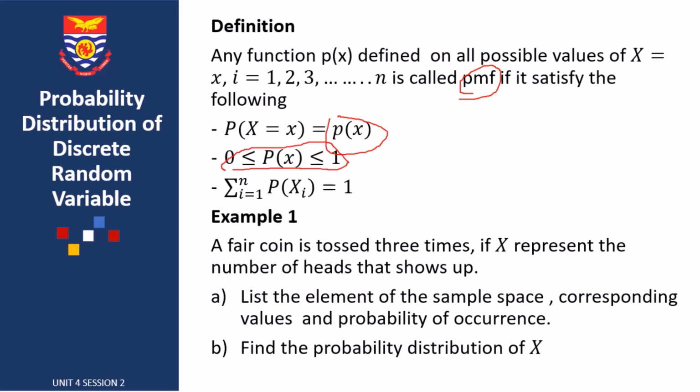Two, when we sum up all the probabilities of that distribution, the total should be equal to 1.